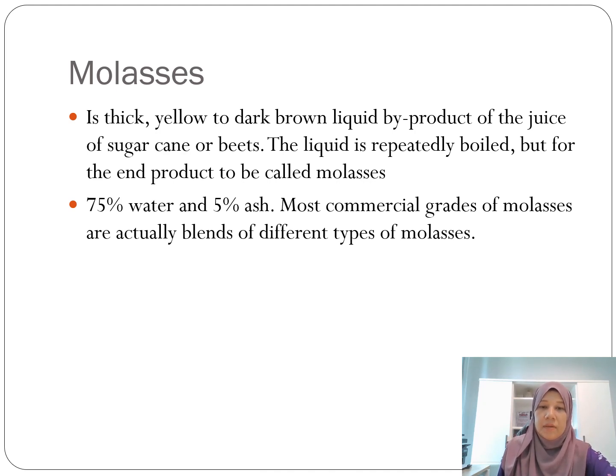The proportion of the ingredients is 75% water, 5% ash, and the other is the concentrated liquid that has been boiled. Most commercial grades of molasses are actually blends of different types of molasses. I don't want to explain details on the grades of molasses, but at least you know what molasses is.